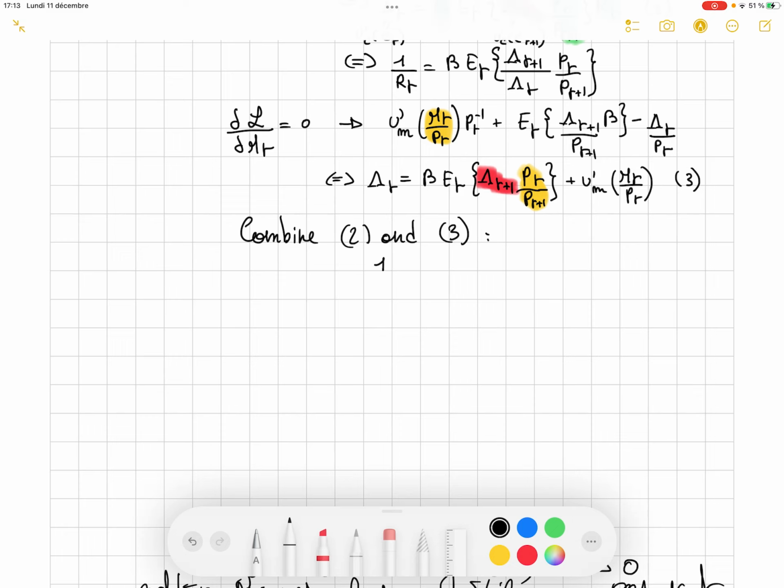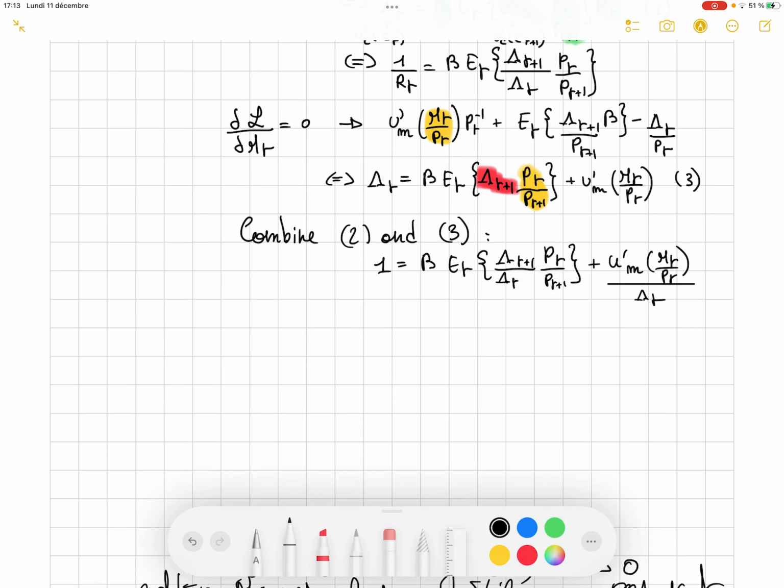So first, let's consider just the utility function. So you obtain 1 that is equal to basically beta of the expectation of the ratio of the marginal utility of consumption multiplied by the ratio of the price, plus then the derivative of the utility function with respect to money divided by the marginal utility of consumption.